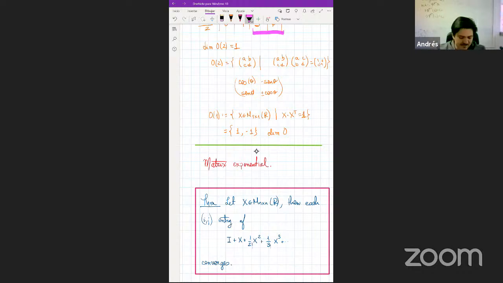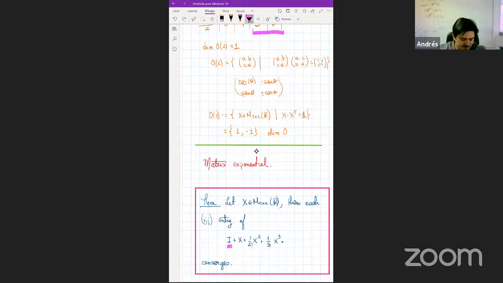I will take any matrix, and the whole idea is to define the exponential. So we will use what we know about the Taylor series of the exponential for a number. And here it is crucial that we have a square matrix because we're going to multiply by itself.